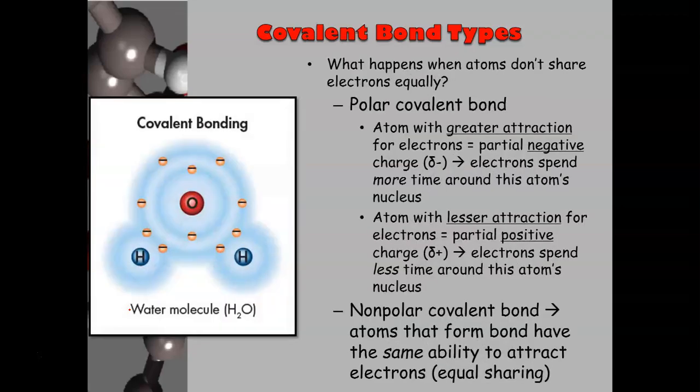And so that's where we're talking about polar versus nonpolar covalent bonds. Not every atom is going to share its electrons equally. Okay, so the sharing happens, but it's not happening at the same rate. So we talk about a polar covalent bond as opposed to a nonpolar covalent bond.